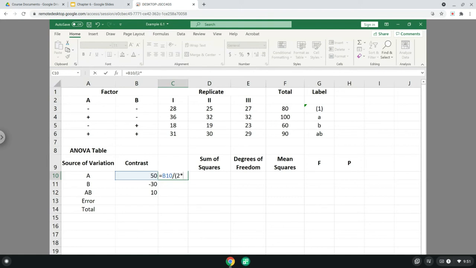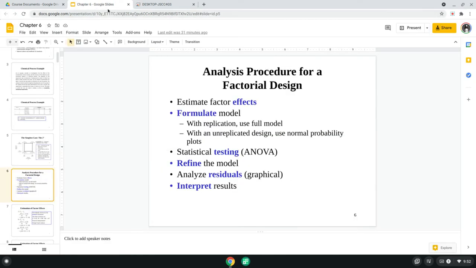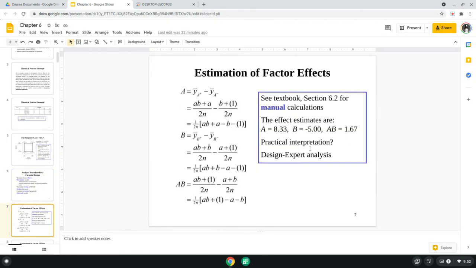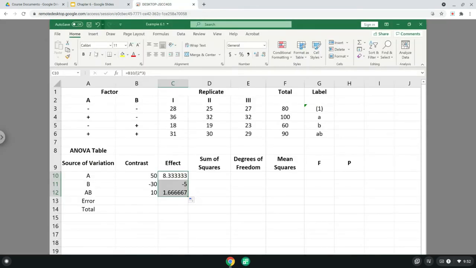So 2 times n, where n is the sample size, which is 3 replicates, 3 experiments performed at the same combination. That gives us 8.33, and then we can just drag it. So there we have it, and let's see if it matches with the answer here. 8.33, yes, so we're looking good here.